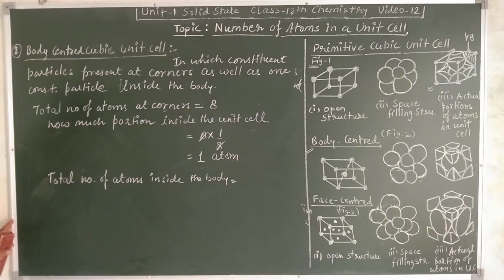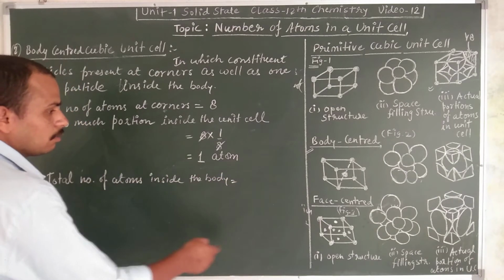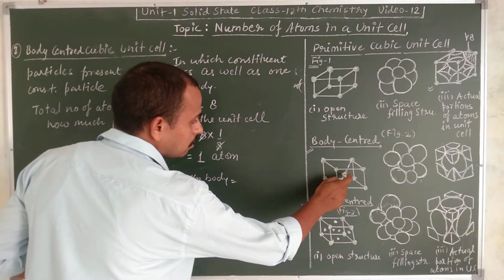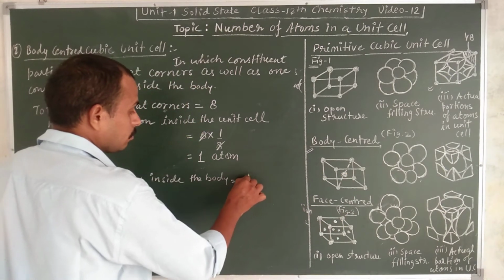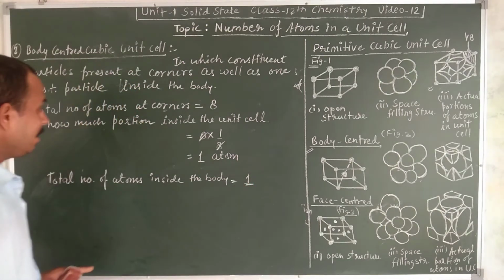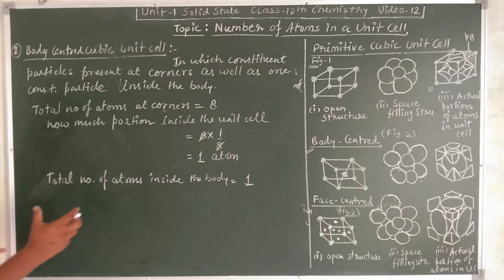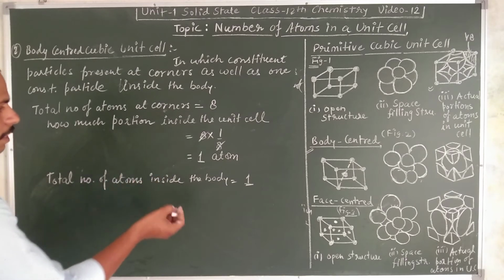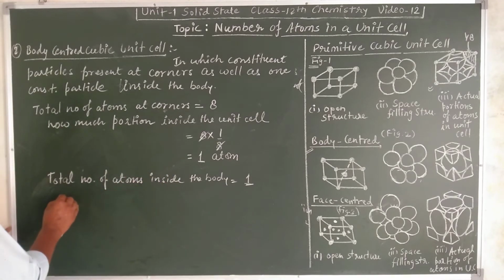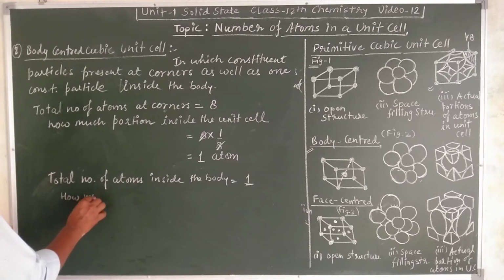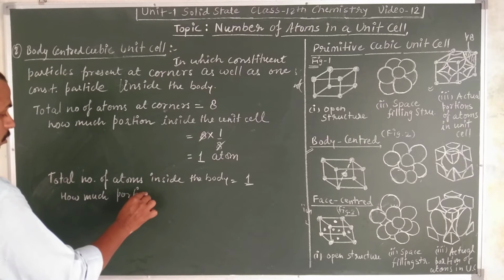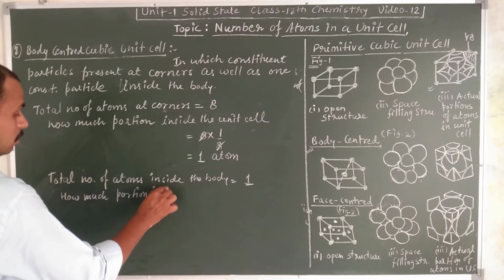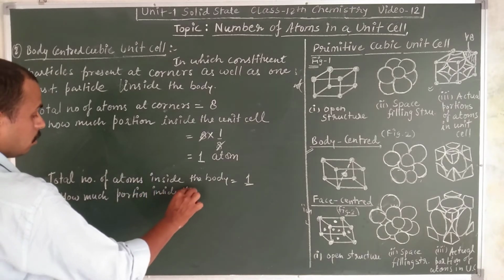We know that only one atom is inside the body. This is the one inside constituent particle. And how much portion is inside the unit cell? If we talk about how much portion is inside the unit cell.